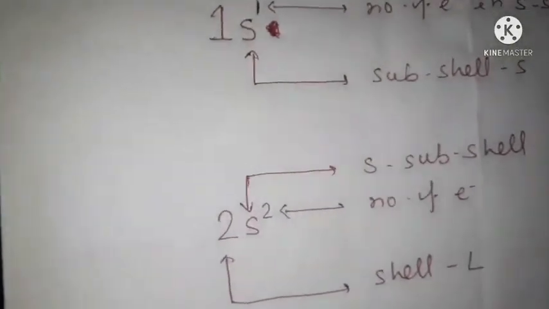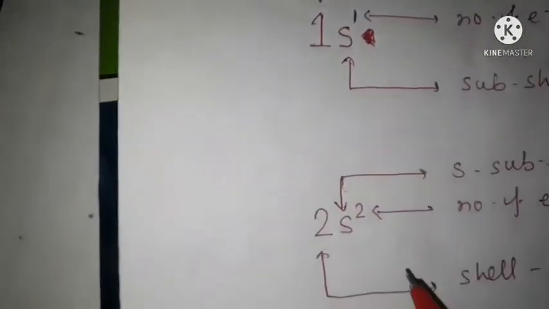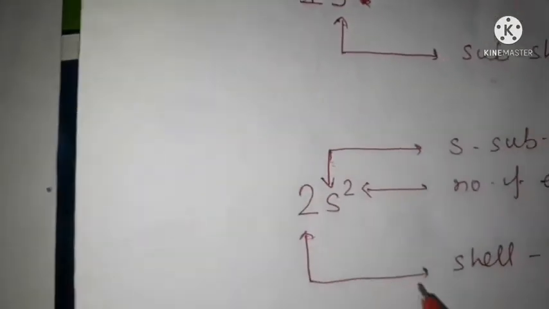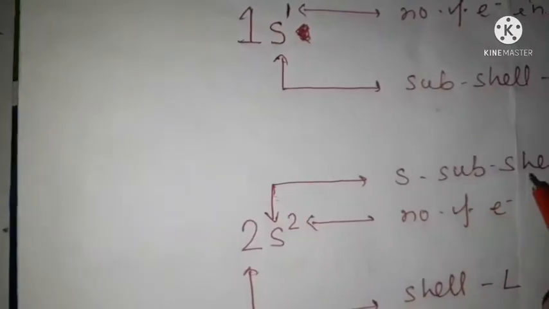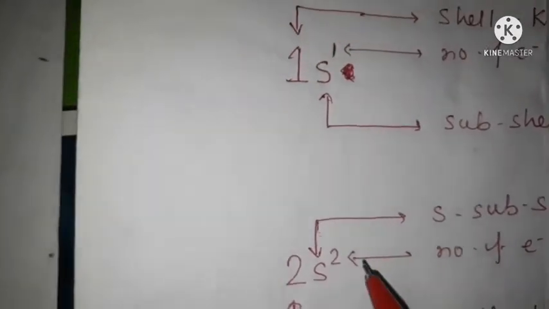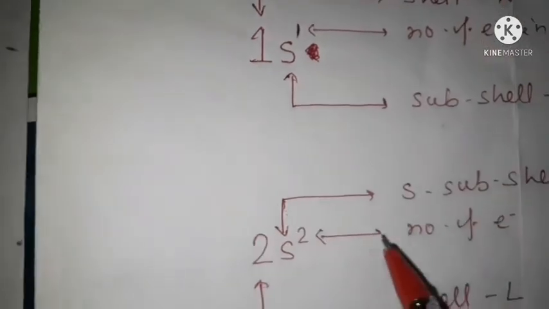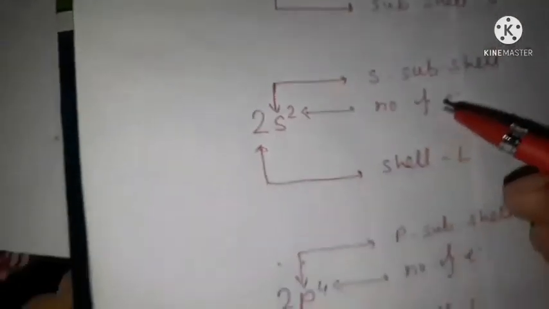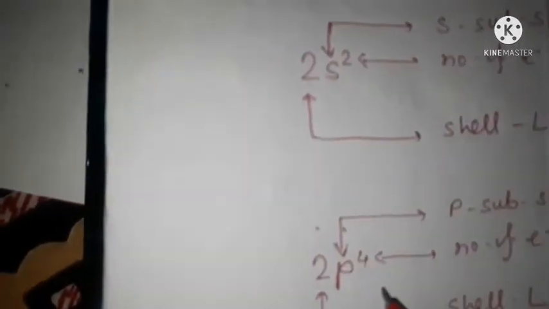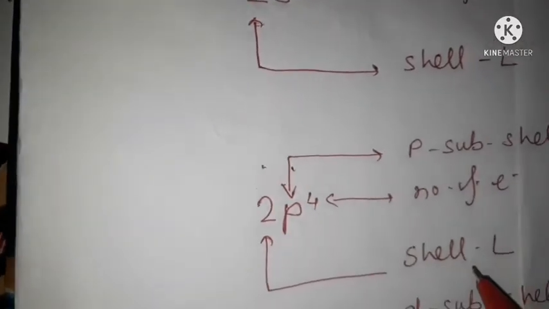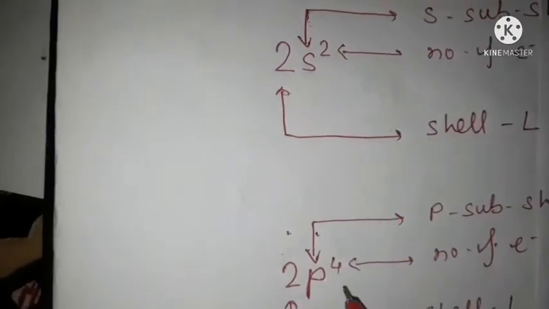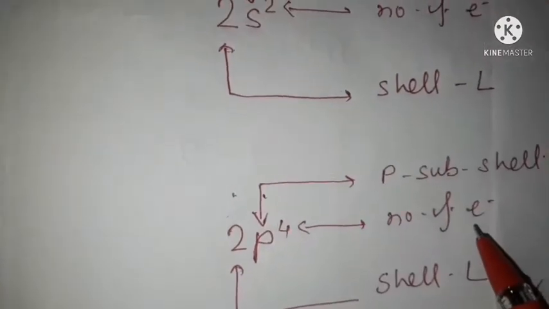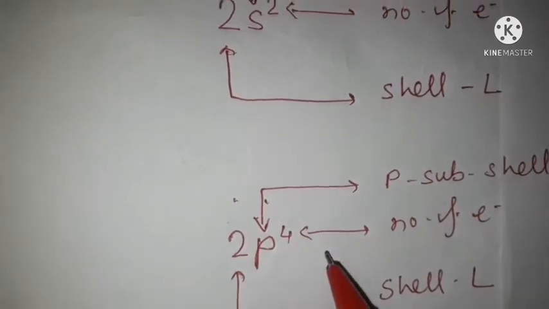Now 2s2: in this, 2 represents cell L, S represents the subcell, and the number of electrons is 2. Now 2p4: 2 represents the L cell, P represents the P subcell, and 4 represents the number of electrons in 2p4.